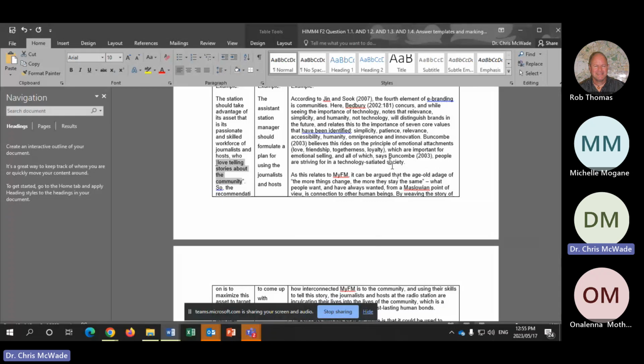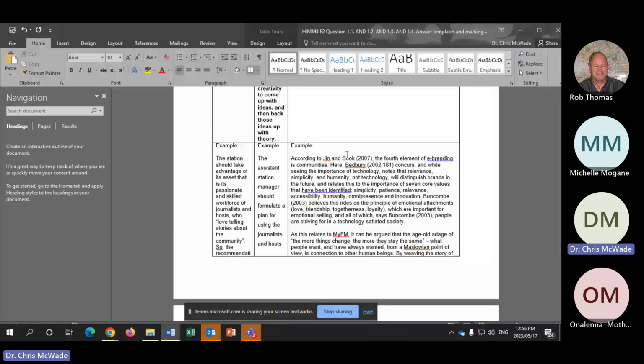So this last column is saying, when you do the research, it says targeting community is a good idea. It's a valuable thing to do. It's something that this source tells us people are striving for in a technology satiated society. So therefore, if we target our ads based on community, it's a good idea.